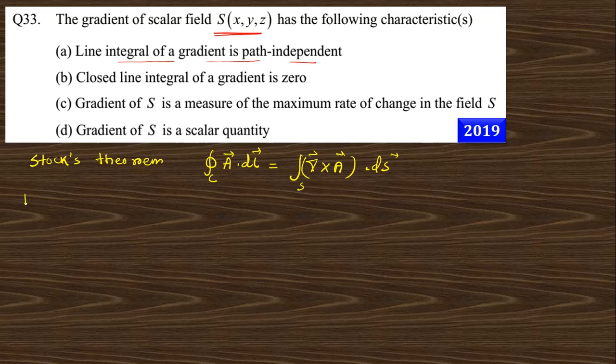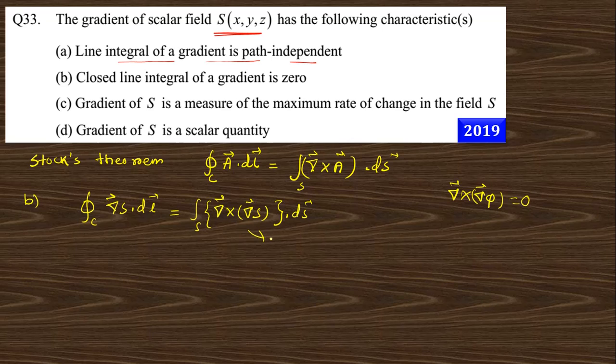Now I look into option number B. The closed integral of a gradient is 0. So the closed integral of grad S, if we apply the Stokes theorem, is the surface integral of curl of grad S dot ds, and from the vector identity we know the curl of any grad phi is always 0.